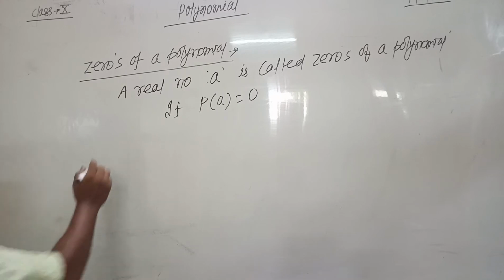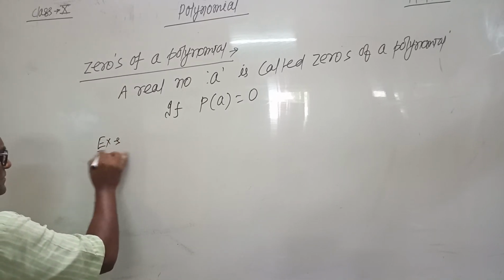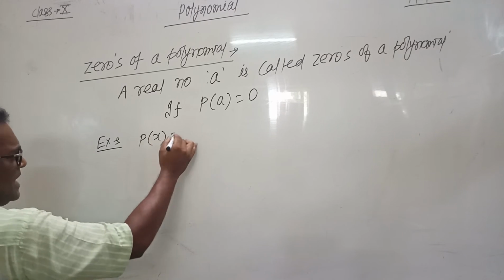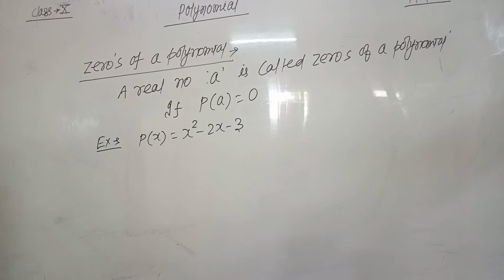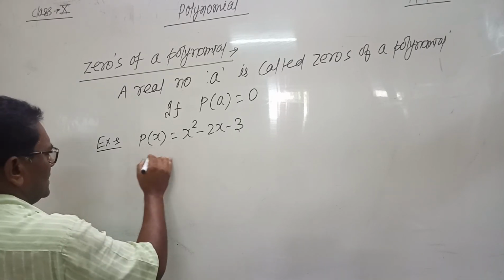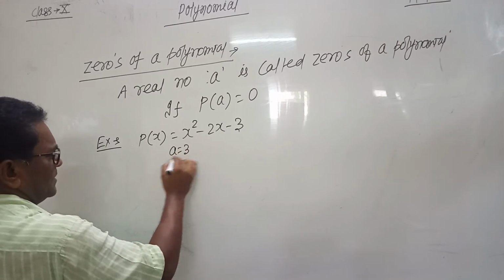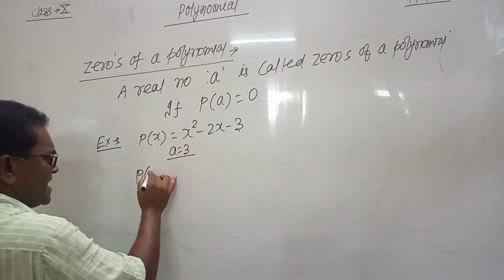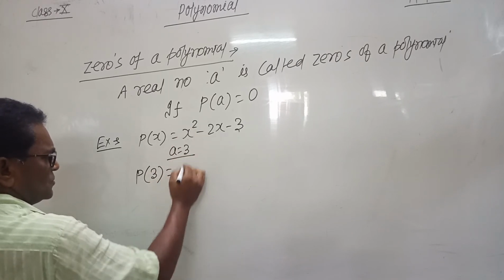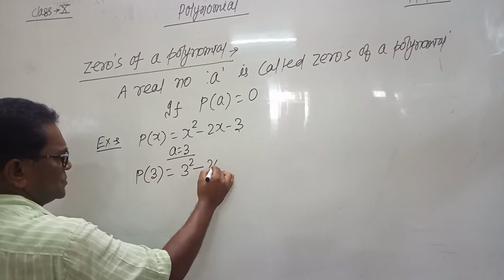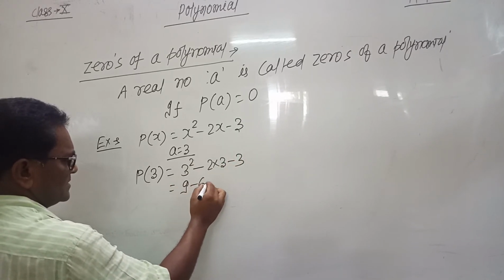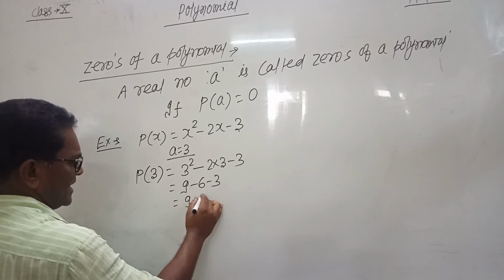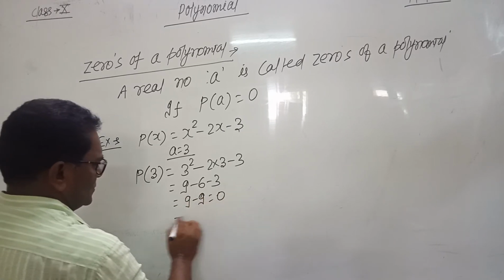Suppose p(x) equals x square minus 2x minus 3, and the value of a is 3. So we will find p(a), which means P(3). So 3 square minus 2 into 3 minus 3. It gives 9 minus 6 minus 3, and 9 minus 9 equals 0.